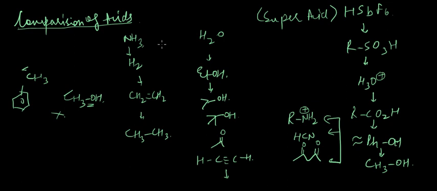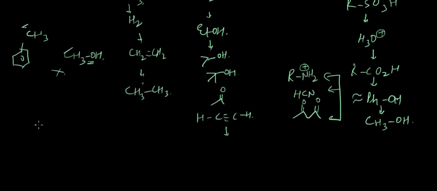And one more thing: as the bond angle increases, meaning more s character. You know that we have sp hybridization, sp2 hybridization, and sp3 hybridization. In this case, the bond angle is 180 degrees, 120 degrees, and 109 degrees.